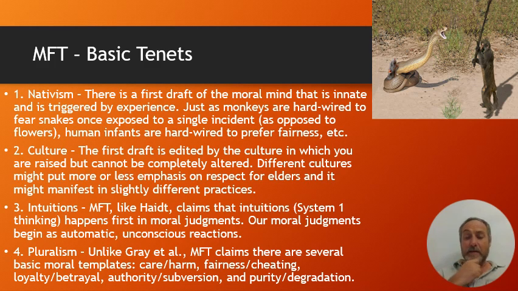And, as we'll see, this theory actually agrees on many levels with some of the other stuff we've seen from Haidt and from Gray. But the main bone of contention here is that they posit numerous moral templates. And they're more in agreement with Haidt than with Gray.